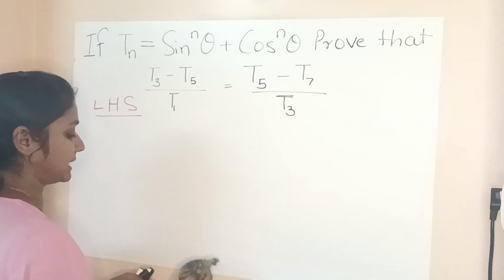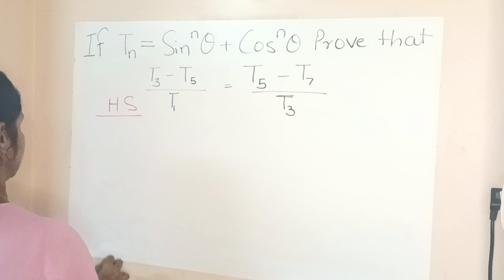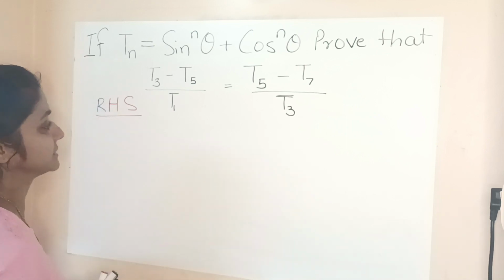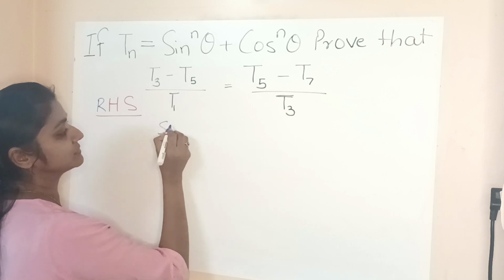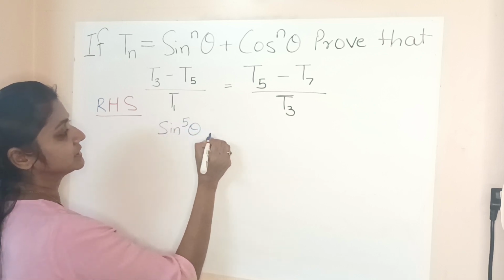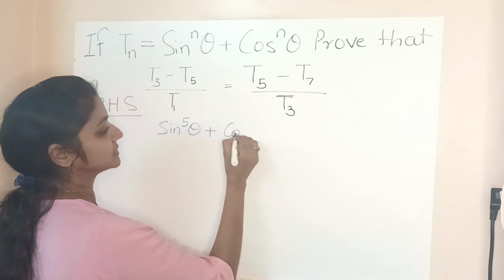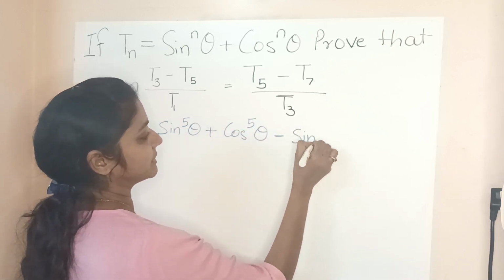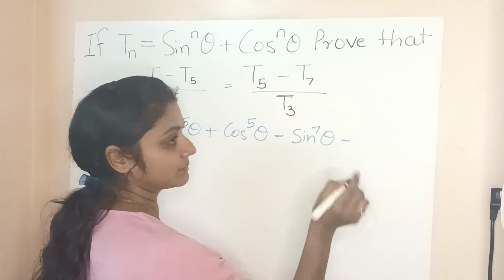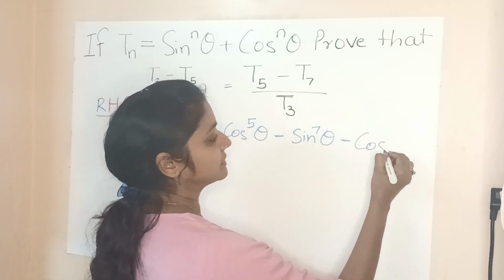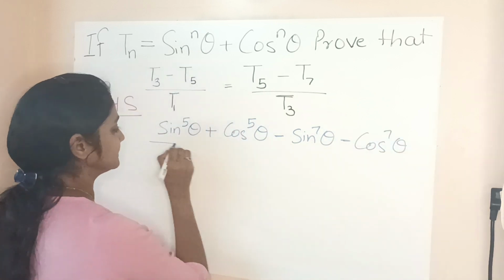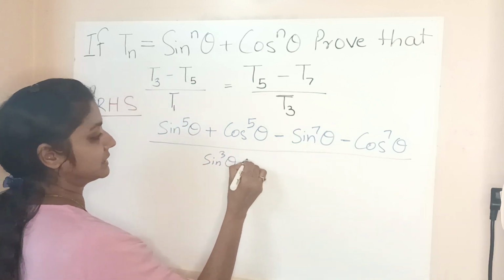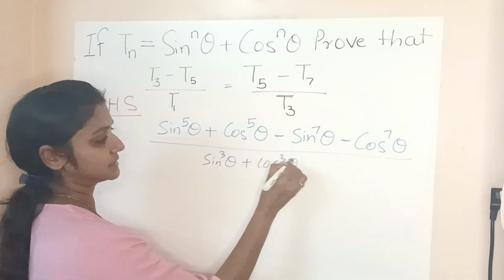So what was our LHS? Sin square theta into cos square theta. Now RHS: sin to the power 5 theta plus cos to the power 5 theta minus sin to the power 7 theta minus cos to the power 7 theta, by sin cube theta plus cos cube theta.